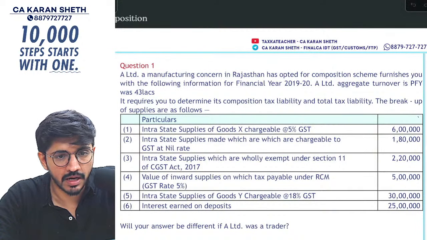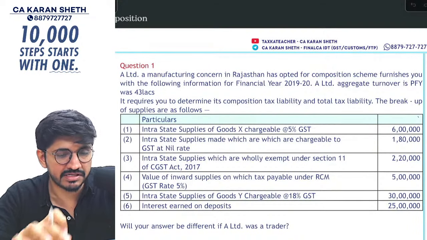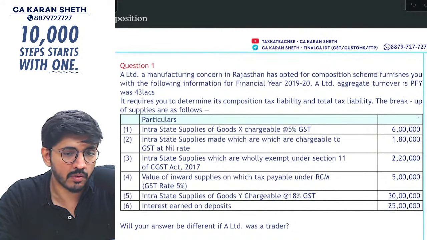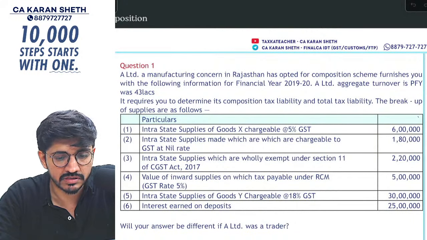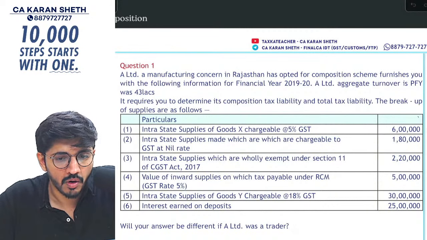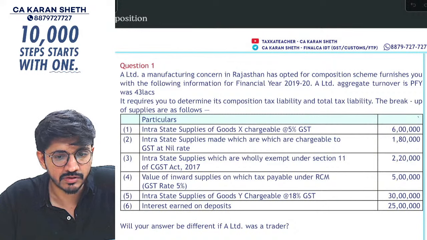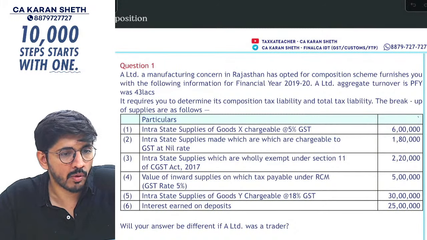So, here we come with another segment of one concept, one question, where we are going to talk about composition scheme. This is applicable to all Inter and Final CA, CMA, CS students, so all can watch it.